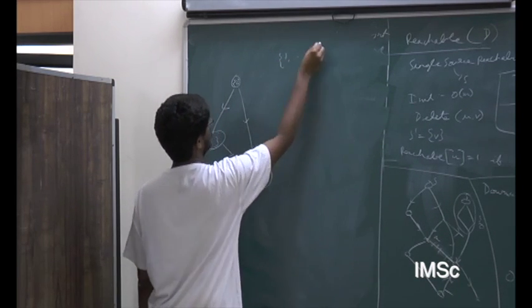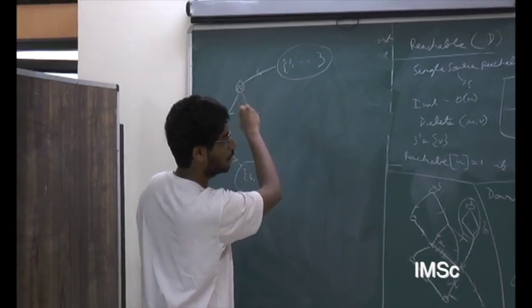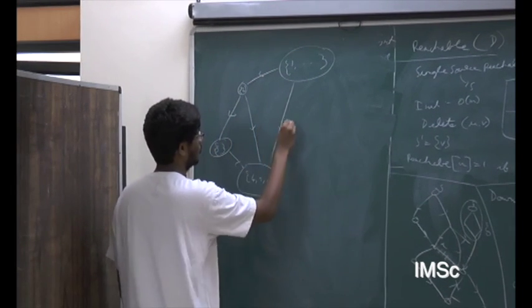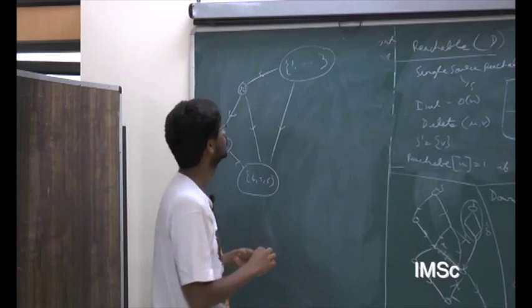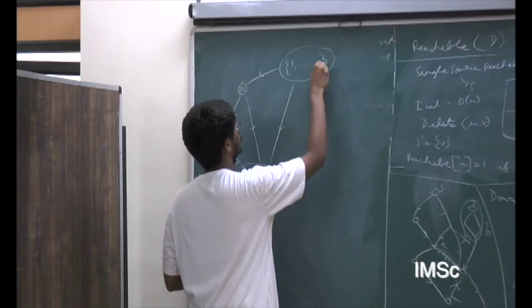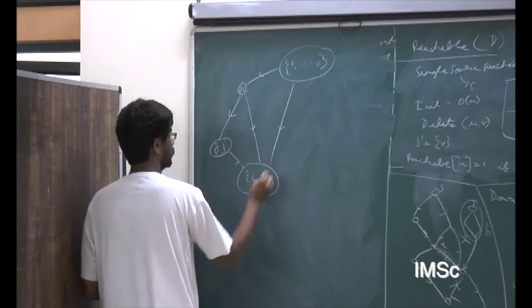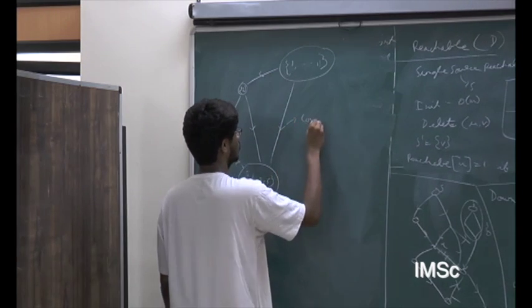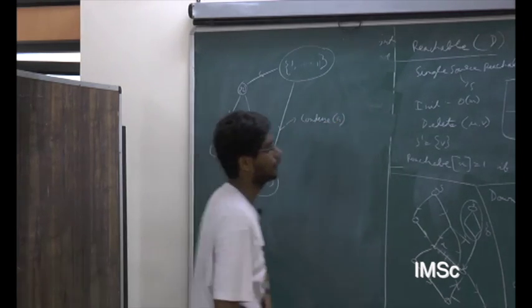This set has an edge to 2 and 4, 5, 6. So this is the condensed graph of 1 to 11. Makes sense, right? So this is condense of G. This was G.